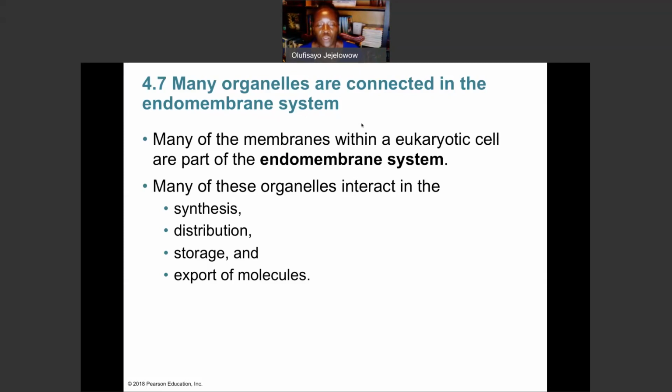They function in the cell for synthesis of materials, distribution of materials, mostly lipids, proteins, phospholipids, and so on, storage and export of molecules. So functions of the organelles of the endomembrane system include synthesis, distribution, storage, and export of molecules.